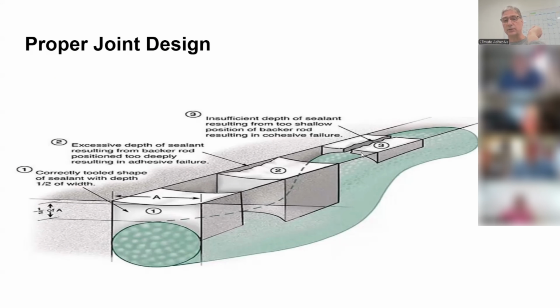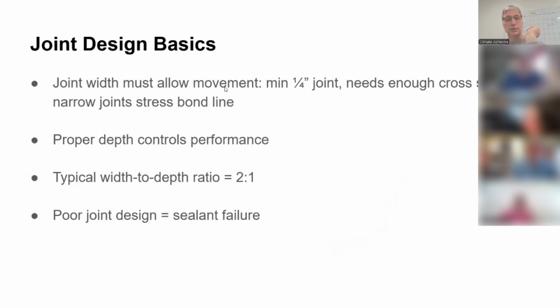And then this last one, you don't have enough depth, so you end up with a cohesive failure. The material splits right down the middle. So obviously, installing backer rod properly is a big deal to get your sealant to work the way it's designed to.